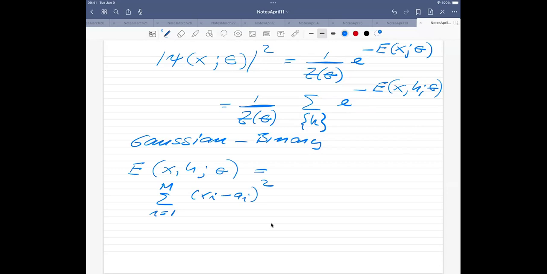And then you can play around with the number of hidden nodes. That becomes a parameter, so you can increase it or decrease it, etc. Now, this comes often with something like a 2 here. You will see that when we take derivatives, and a variance. But normally we put that variance to 1 because we don't know that. So we put that sigma squared to 1.